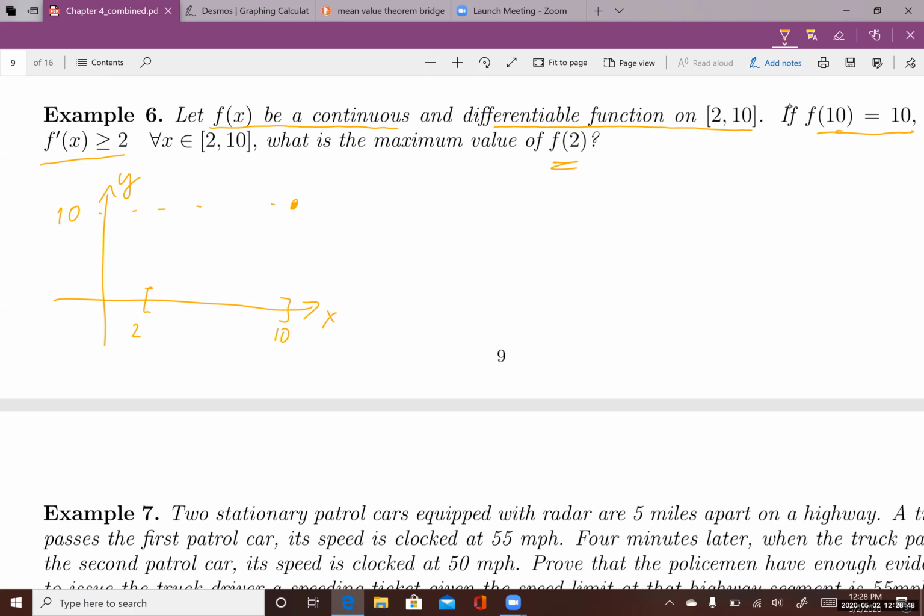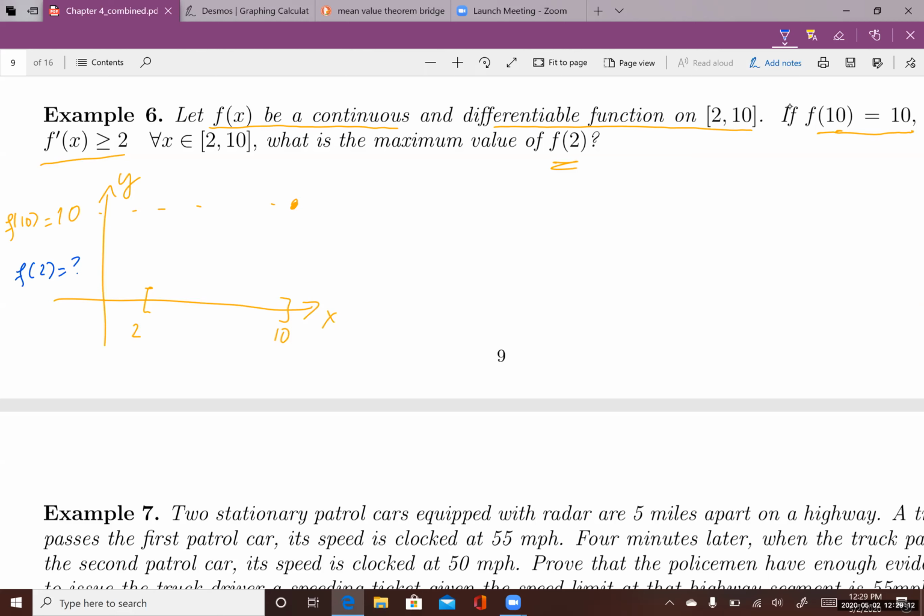So it's at least 2. It's always greater than 2 or at least the same as 2. Then what is the maximum value of f of 2? So this is f of 10. What is the maximum value of f of 2? F of 2. Okay.